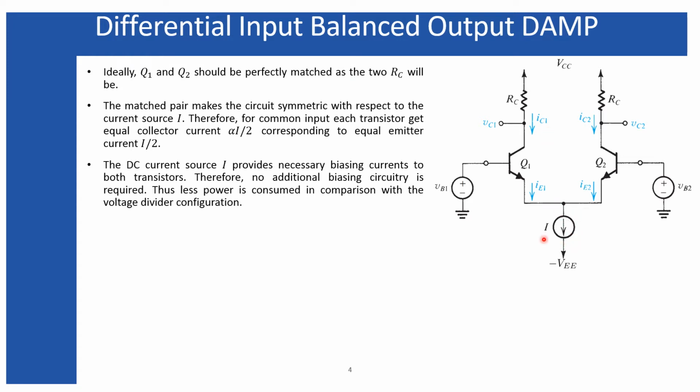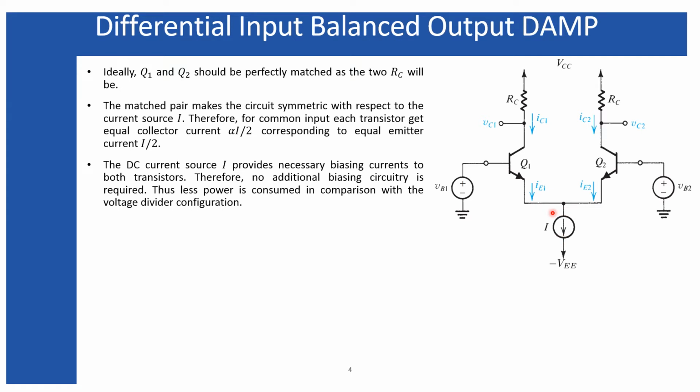Here the biasing is done by this common emitter current. This one is the DC current source, and as this current source is connected with their common emitter, whatever will be the input conditions, the emitter current of the transistor Q1 plus the emitter current of the transistor Q2 always will be equal to this current I.